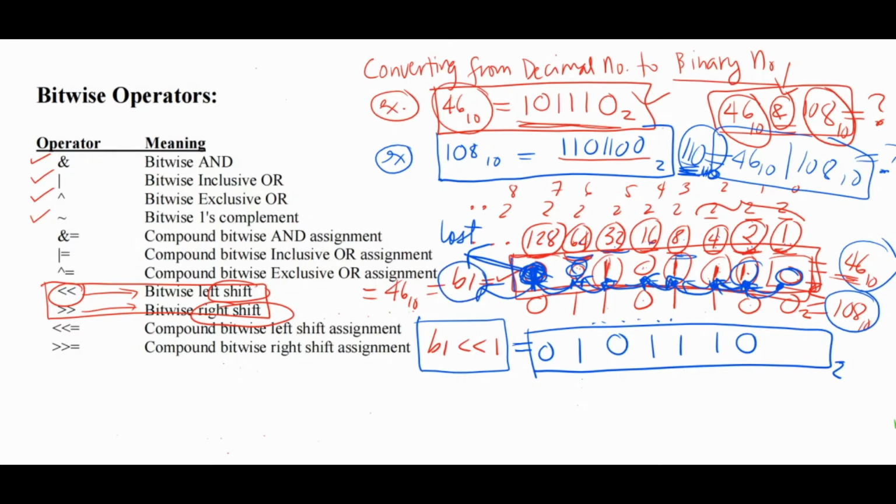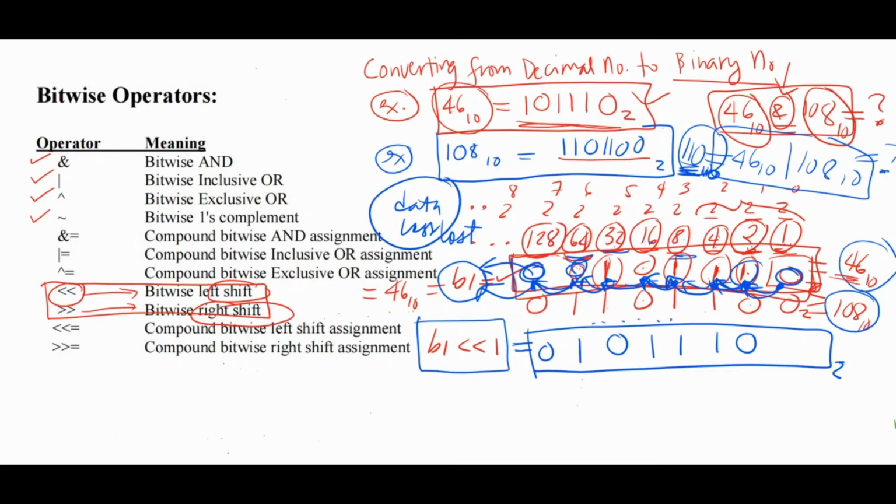Since you shift this out to the left, it will not have any significant effect on the value of B1. It will not result in data loss because it is 0. But if it is 1, that would be a significant loss. So we consider that data loss when this is 1.